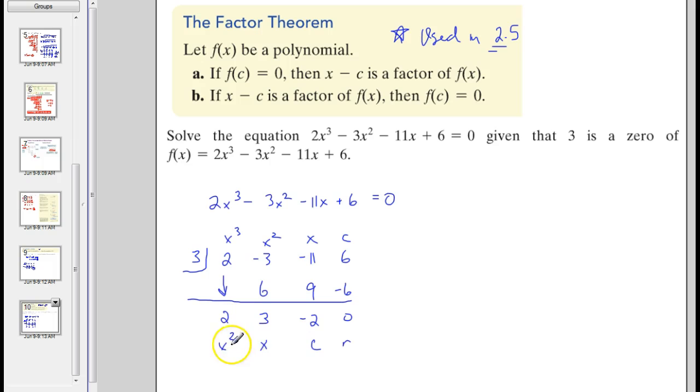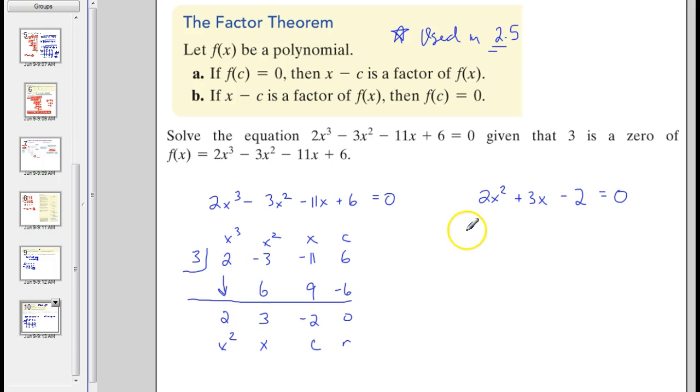But I can figure out what makes the quadratic that's left, 2x squared plus 3x minus 2, equal to 0. I can either try to factor that if it'll factor, or if it won't factor, I can solve it with the quadratic formula.